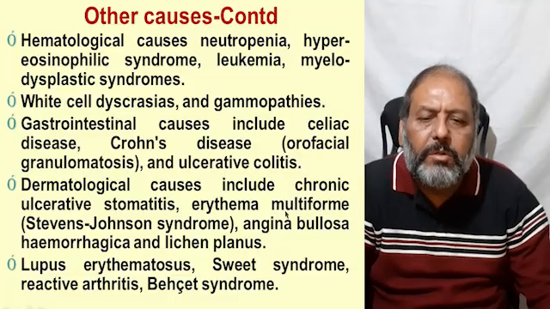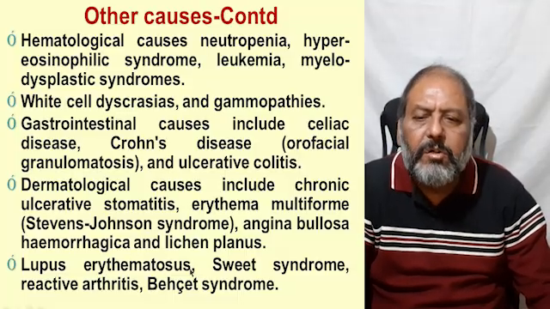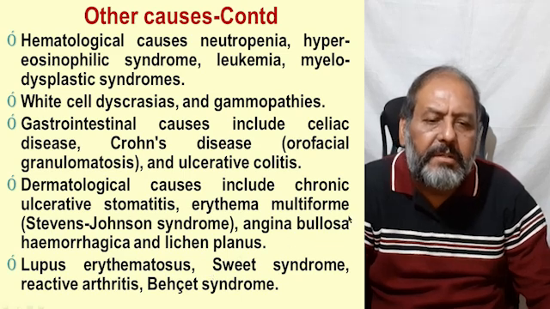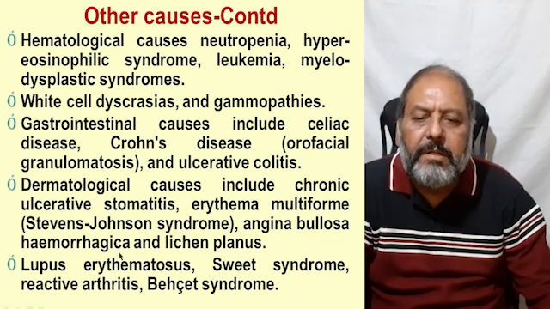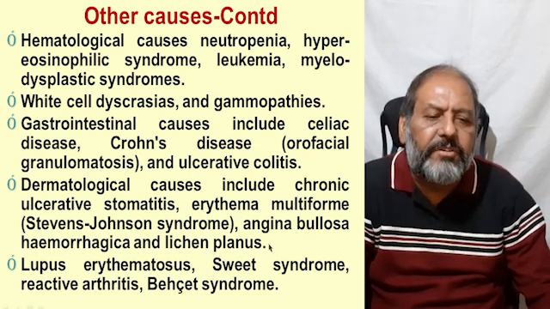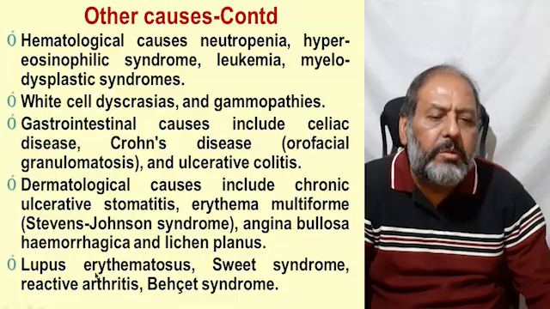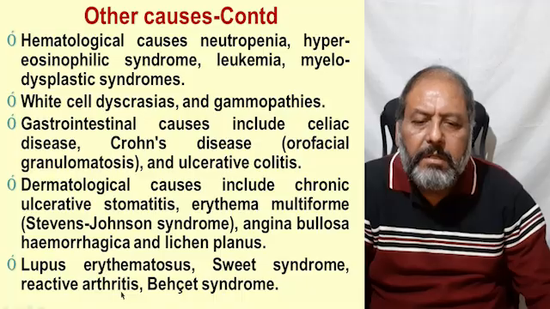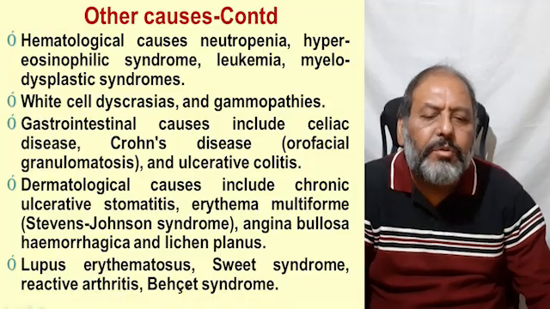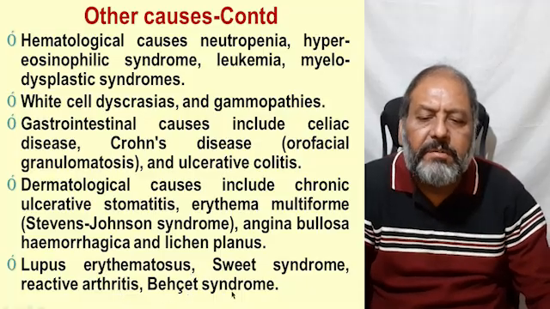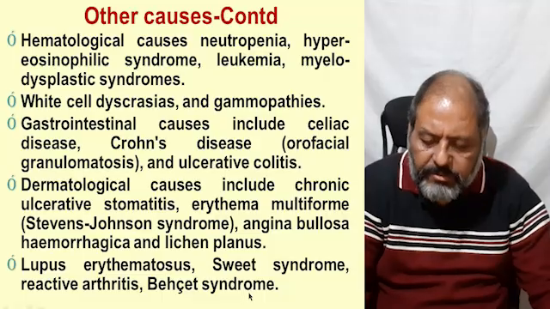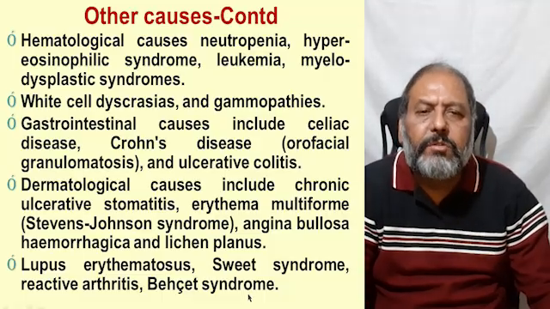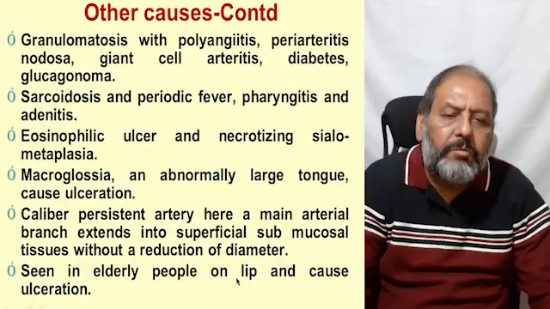Similarly, dermatological causes include chronic ulcerative stomatitis, erythema multiforme, Stevens-Johnson syndrome, angina bullosa hemorrhagica, and lichen planus. Lupus erythematosus, Sweet syndrome, reactive arthritis, and Behçet's syndrome are also other causes of mouth ulcer.